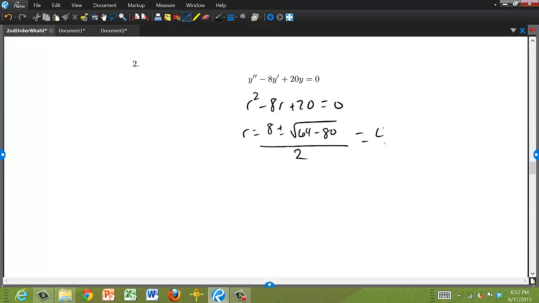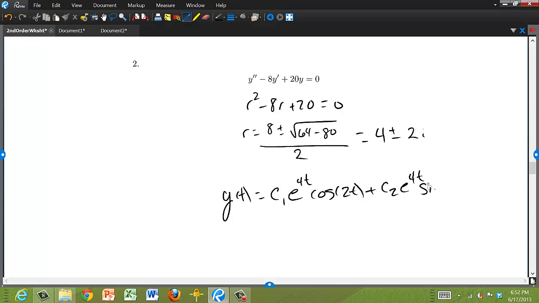So that's going to be 4 plus or minus, 64 minus 80 is negative 16, so that's 4i divided by 2, that's 2i. So those are our roots, and so our general solution is y of t equals c1 e to the 4t cosine 2t plus c2 e to the 4t sine 2t.